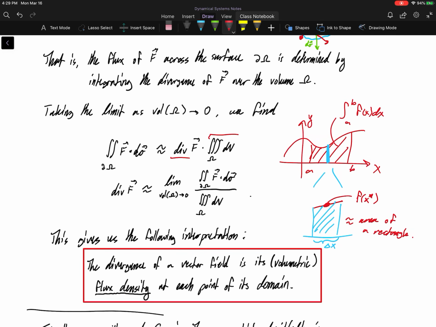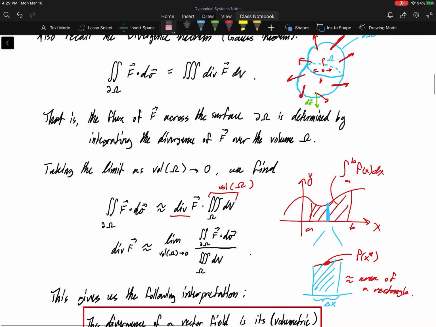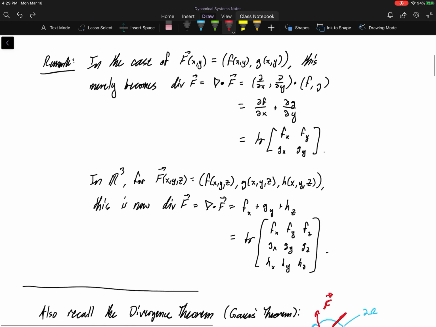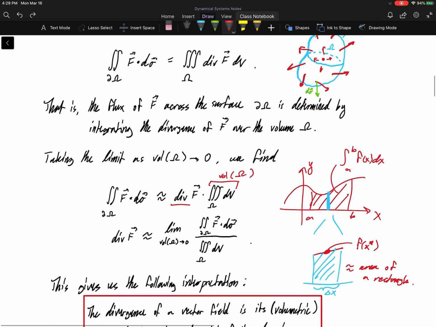And what's remaining here is just the volume of omega. So that flux integral, due to the divergence theorem, the right-hand side becomes this down here, the right-hand side of this approximation. And on the left-hand side, I get the equality due to the divergence theorem.